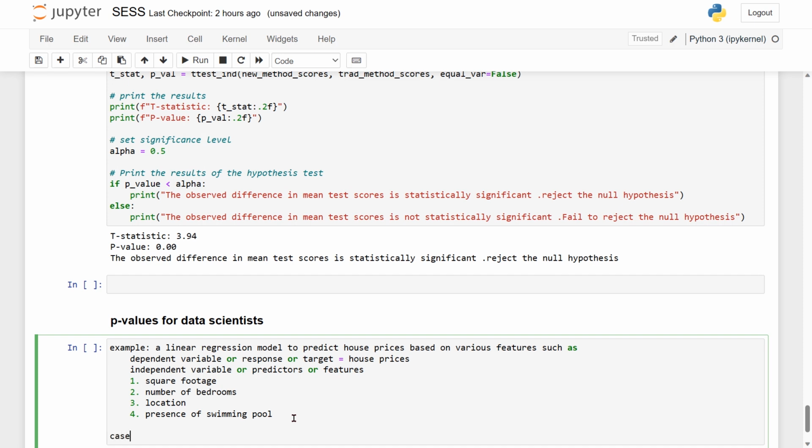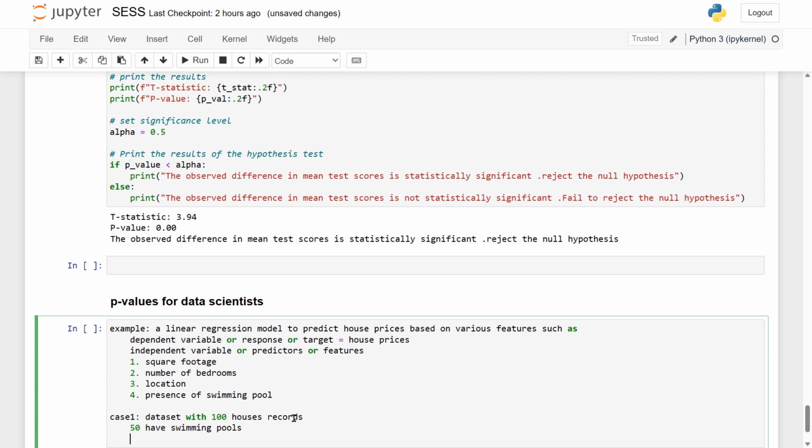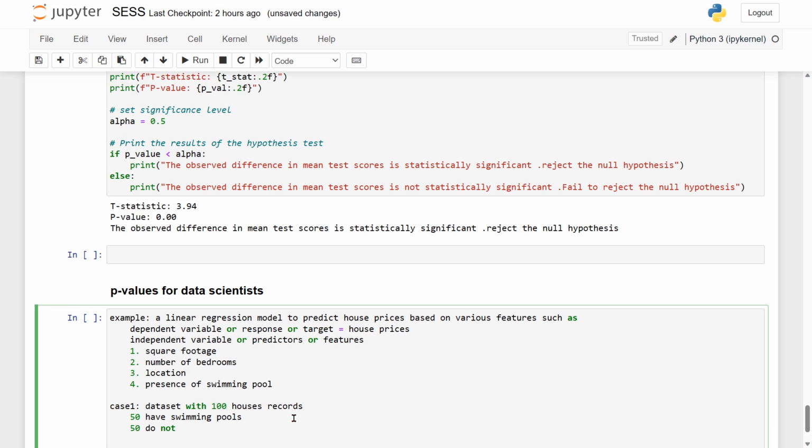So case 1: a data set with 100 houses, 100 data records. Out of that, 50 have swimming pools and 50 do not have swimming pools.